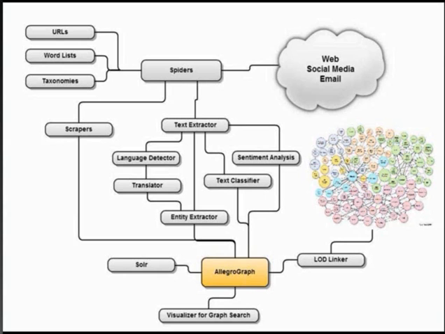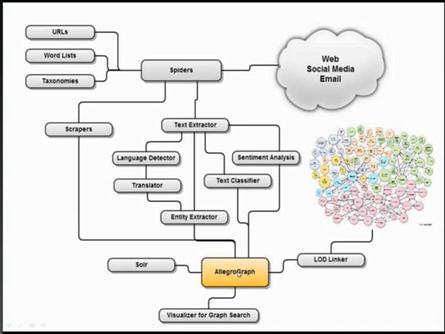So we say you have a text about Obama, that after this process, you will have a triple that says text 1000 has person Obama. Then this triple will go into AllegroGraph.